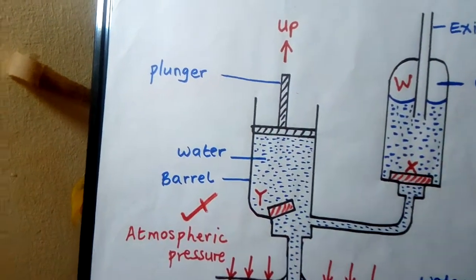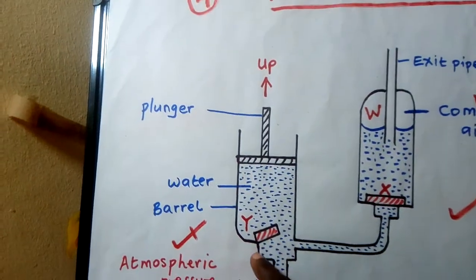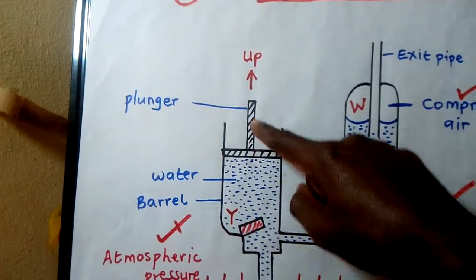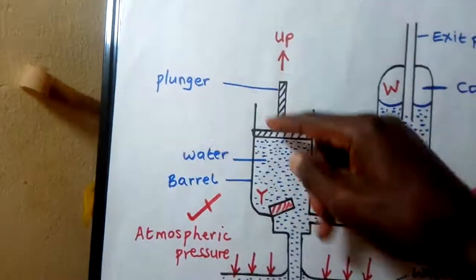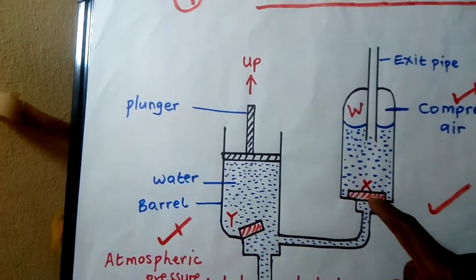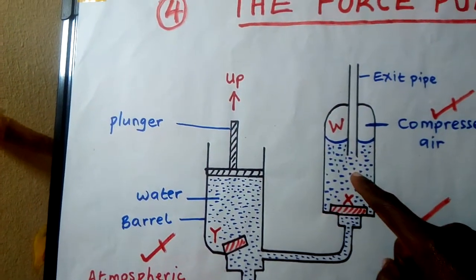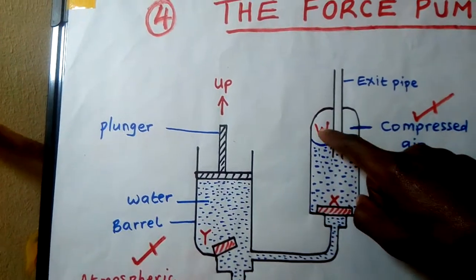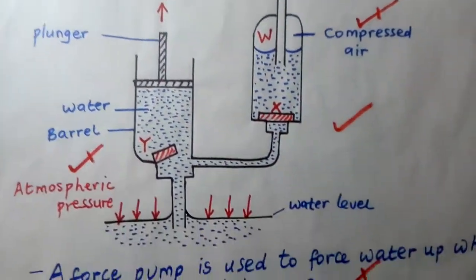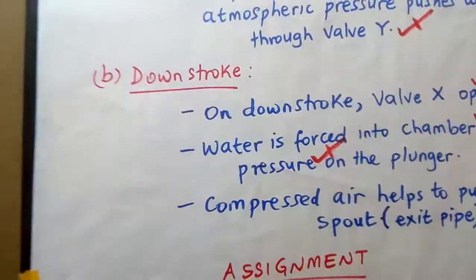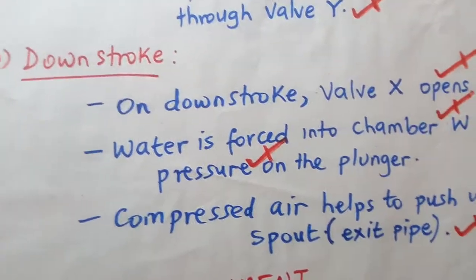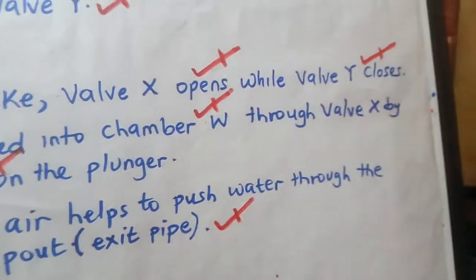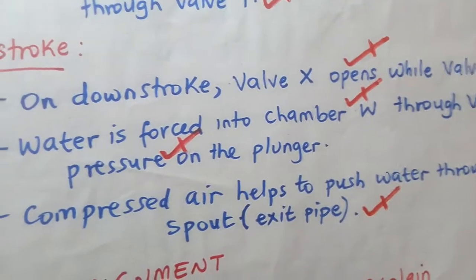So this valve will close, and when it closes, the water will come with a greater force, because as you are pressing, you are using force. So that force will make sure that it hits this valve and the valve opens. And then the water will be able to go into the upper chamber W. Is that okay? Yes. So after that, compressed air.